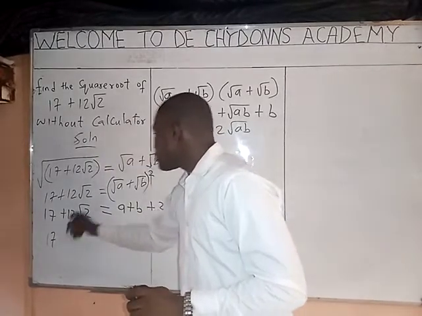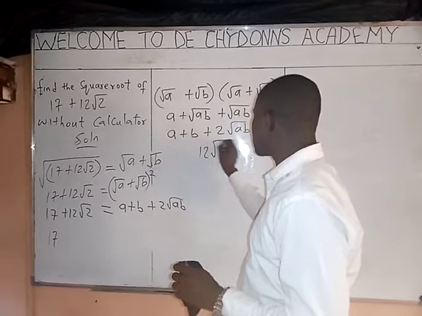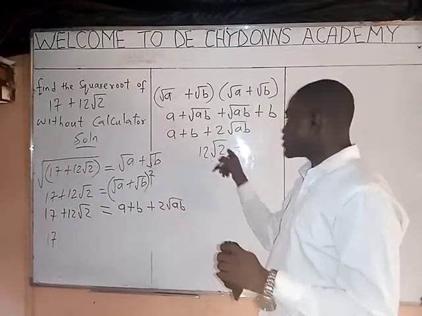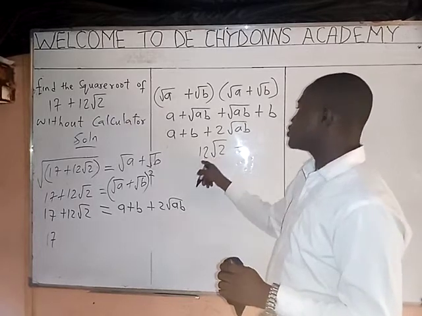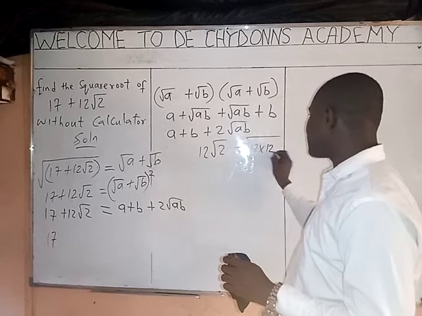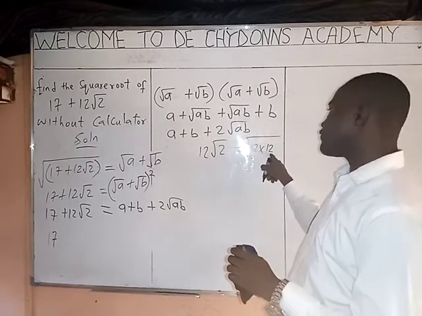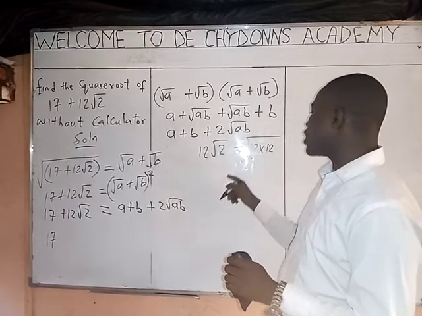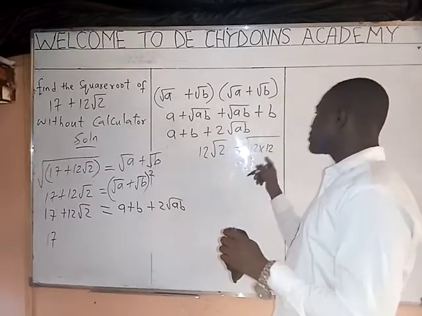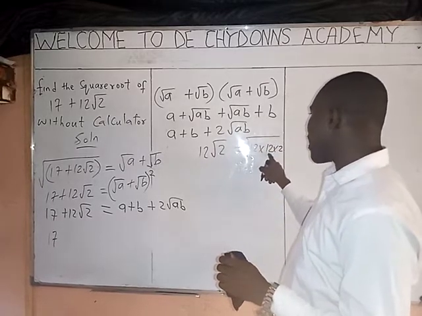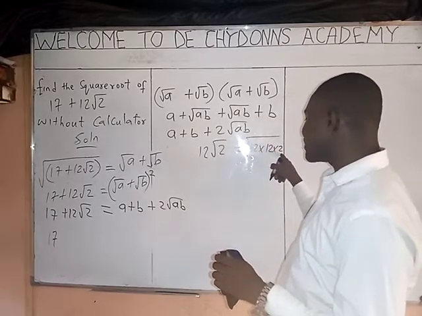Then for 12√2, carry this 12 and put it inside. On putting this 12 inside, you have to multiply it by itself, 12 times 12, because you are bringing it inside the square root. Then times 2. 12 times 12 is 144. 144 times 2 is 288.